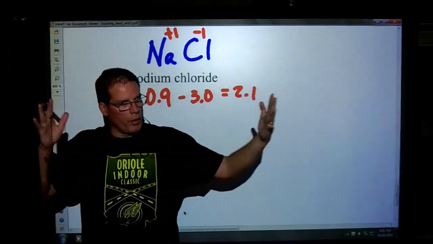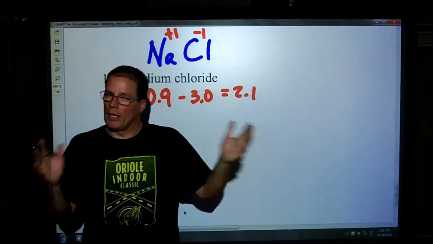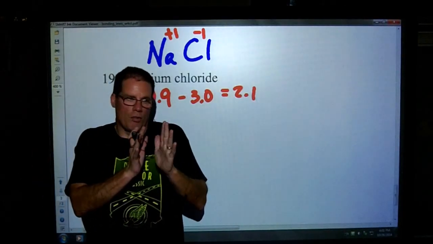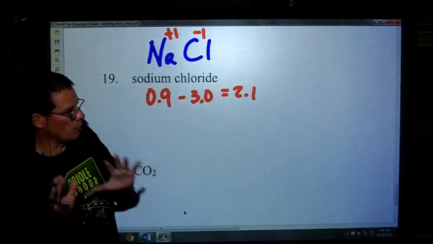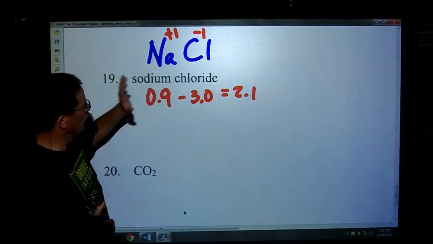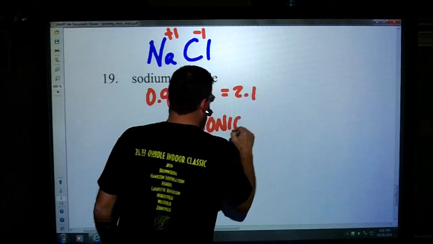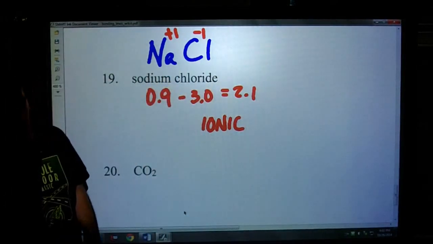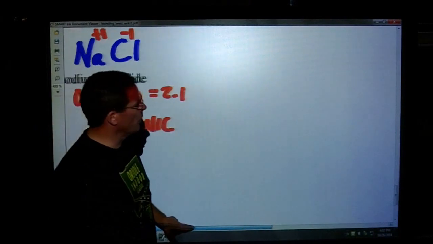The farther those elements get away from each other, the more ionic the character is. That's why the boron trifluoride, since they're essentially neighbors, I kept as polar covalent. That's a bigger concept that we'll deal with in AP Chem. Since it is 2.1 and we have a metal in this, that means we have an ionic compound, or an ionic bond between them.